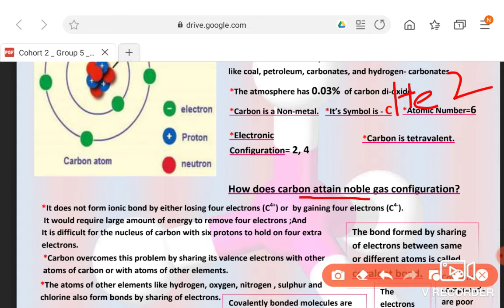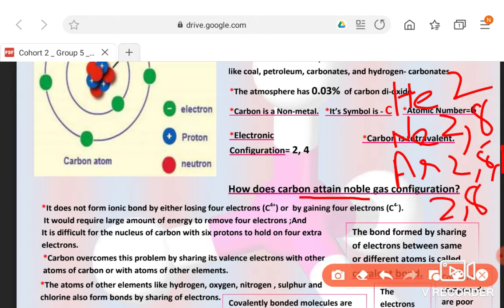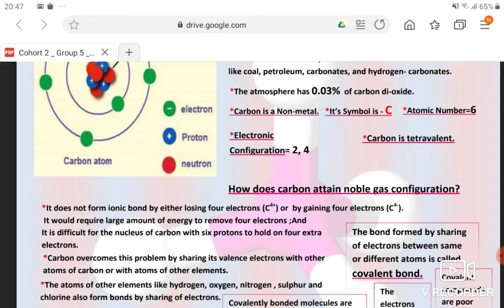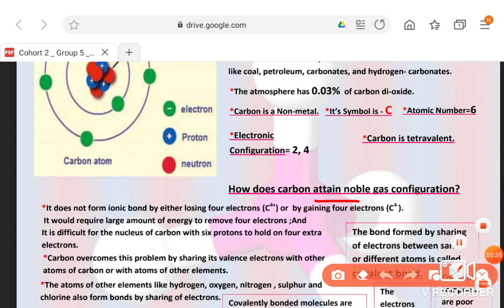For neon, next, it is 2 in first and 8 in the second, last shell. Next is argon, it contains 2, 8, 8. So the last shell should contain 8 electrons, or 2 electrons if it is the first shell. All elements want to attain this noble gas configuration.